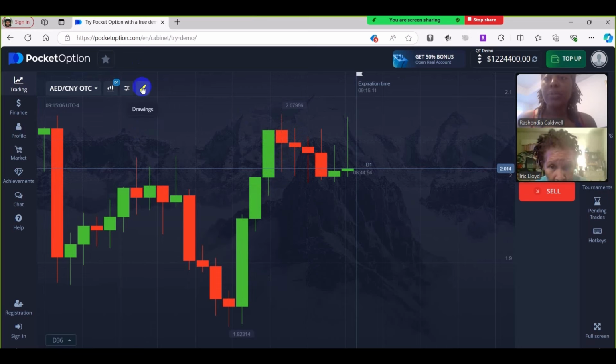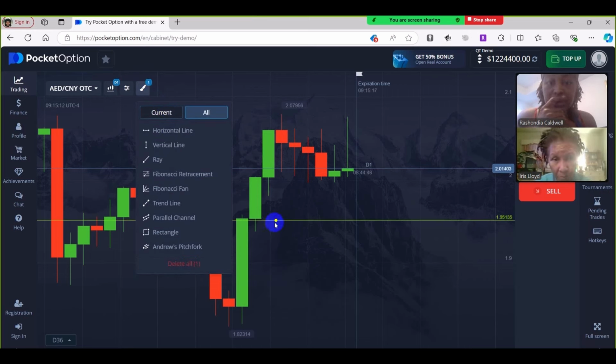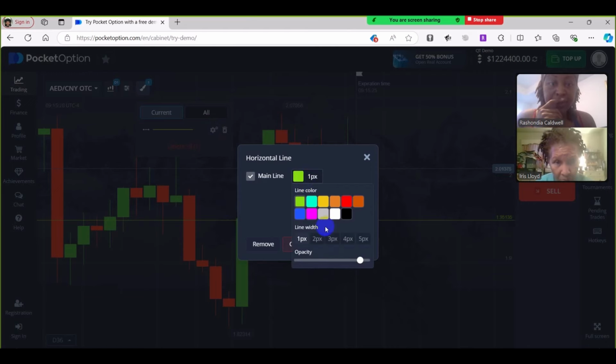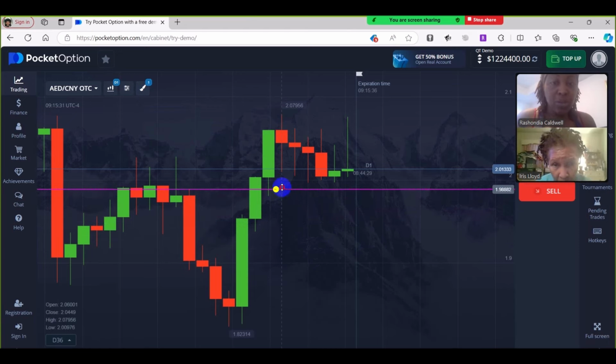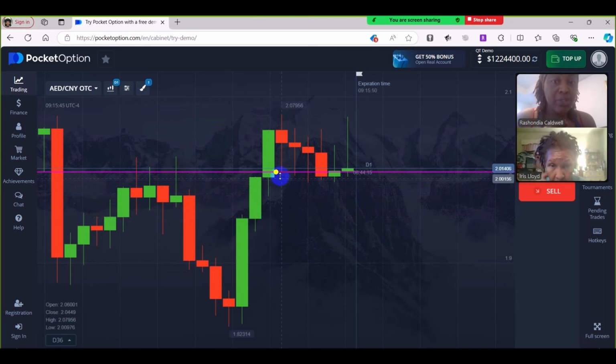So what I'm trying to say is, if you get a horizontal line, let me change the color. I'm going to make it pink. Okay, so what you are looking for on the daily chart is, every time you come to the chart, you get a horizontal line, and you just put it at the bottom of your wick.